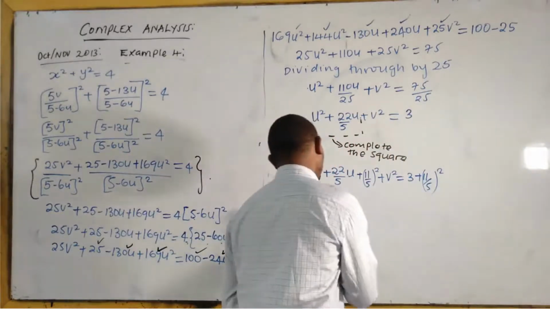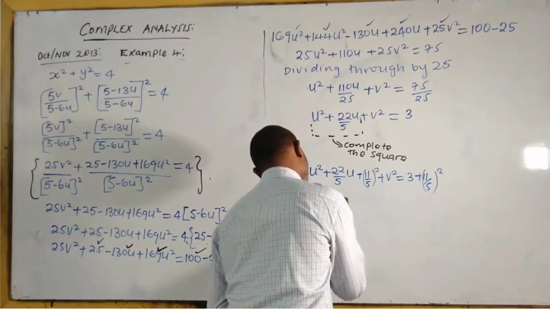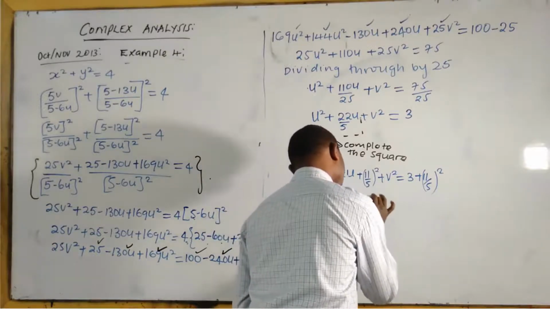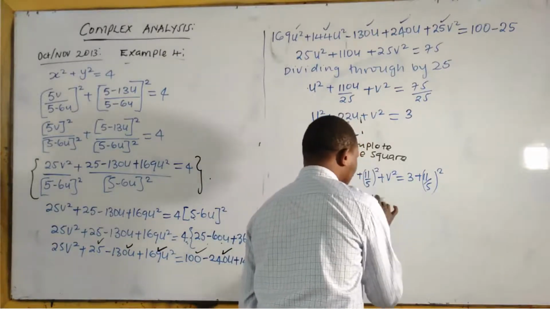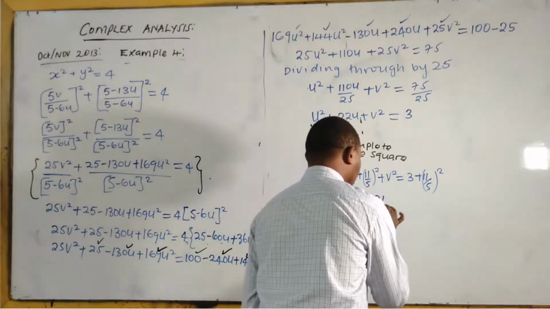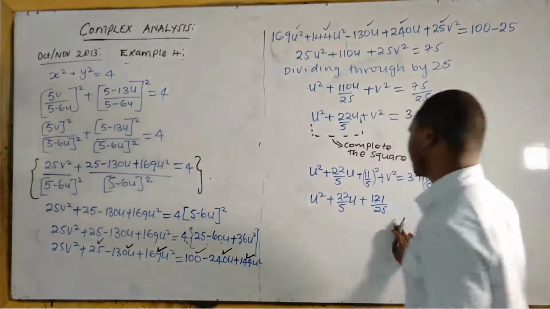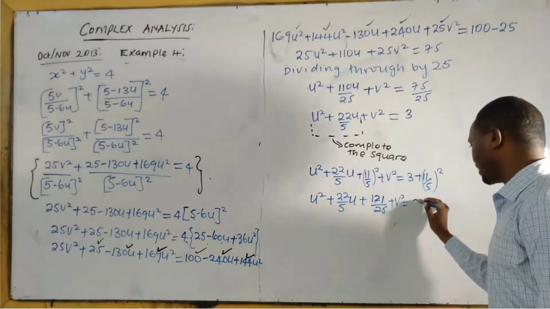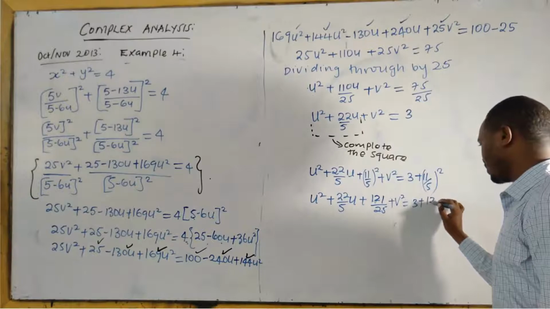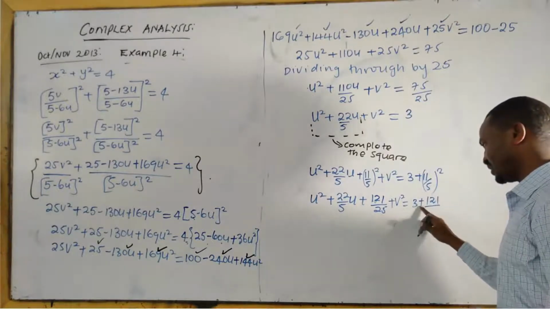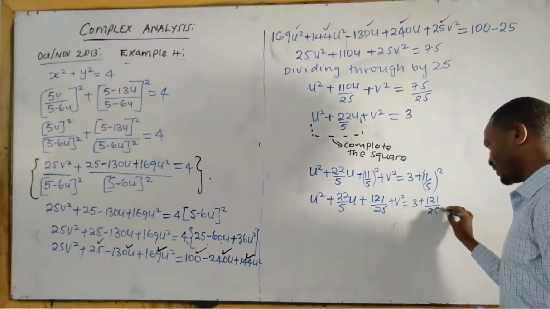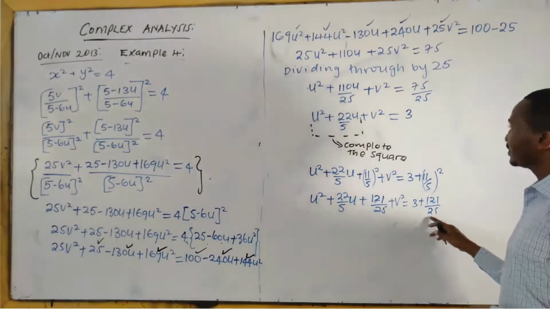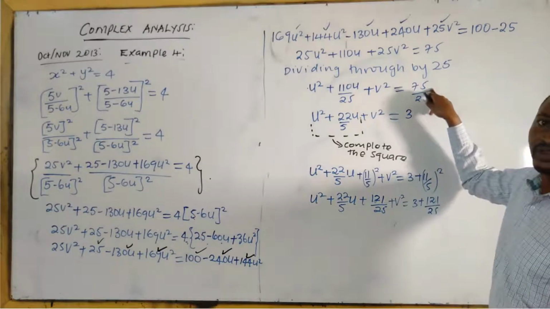This is u squared plus 22 over 5u plus 121 over 25 plus v squared is equal to 3 plus 121 over 25. I even did not need to divide through this one.